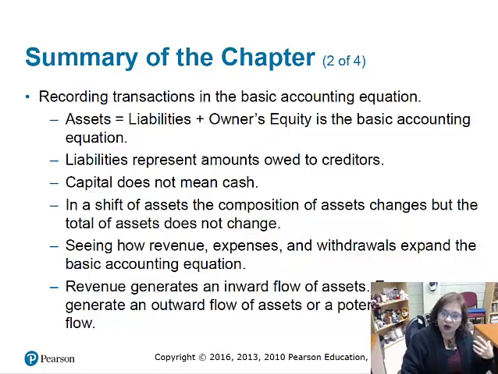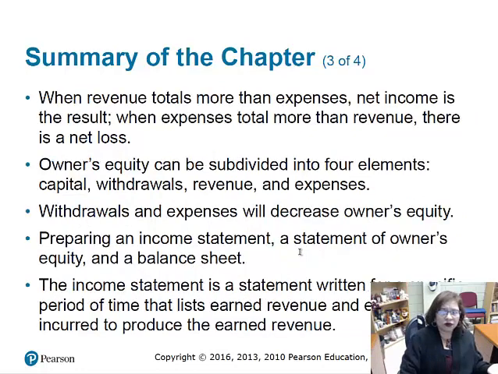We've gone over what a liability is, a capital, that it is not just cash, how a shift in the assets changes the total, it changes as far as how much you've got, but it doesn't shift the entire amount at all, meaning that you've got them broken up, your cash, your accounts receivable, as we saw before, all of that we had. We went over everything else as far as the revenue, owner's equity, preparing everything. So this is the end.